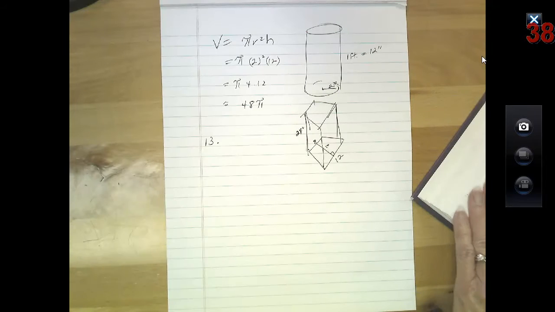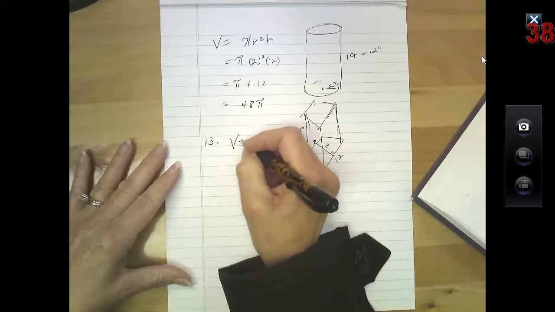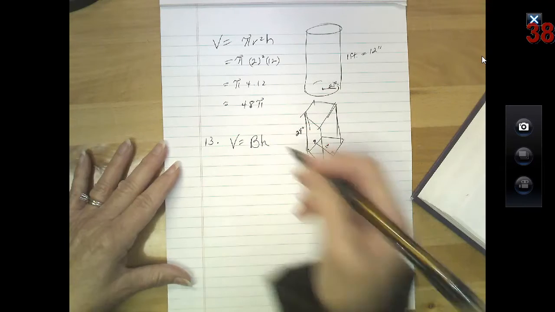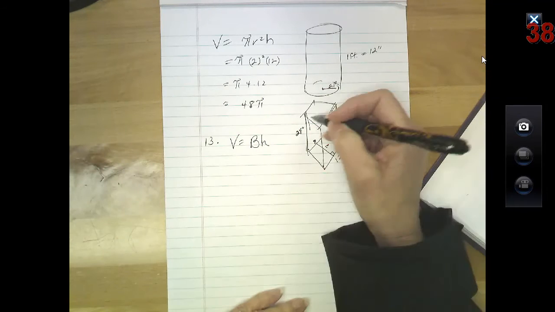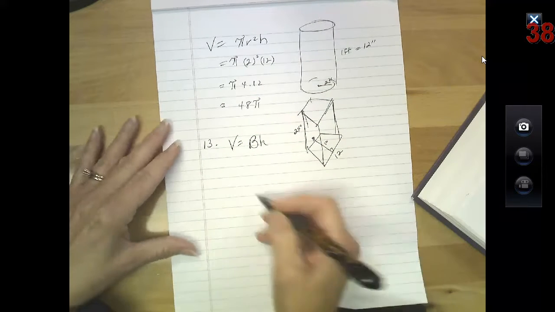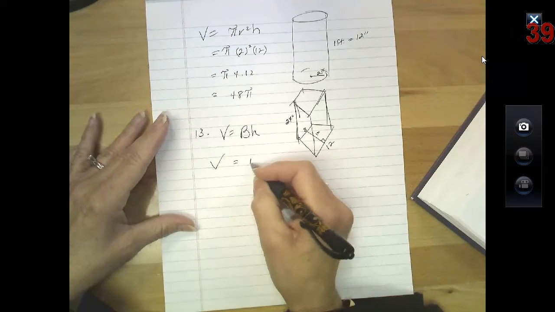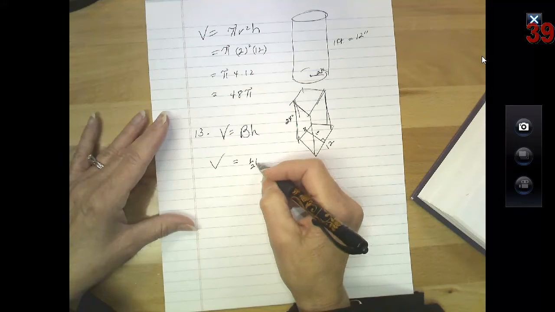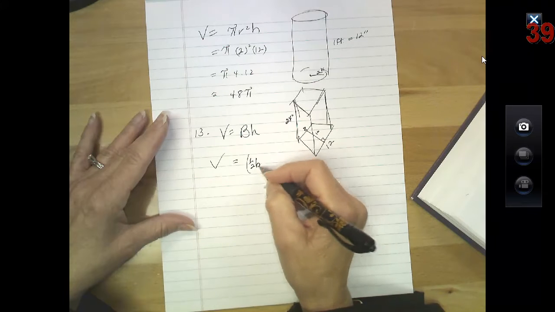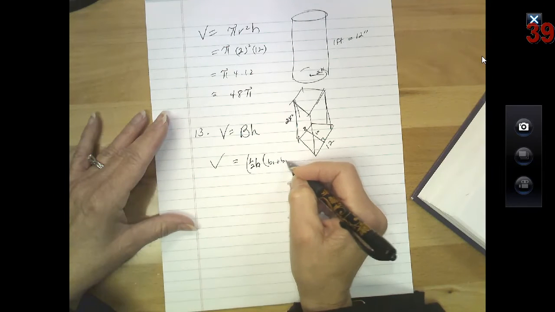Now, that is like a prism, and so the volume is equal to the area of the base times the height. The bases are trapezoids, so you have to go back to the previous section: 1/2 of the height times base 1 plus base 2.